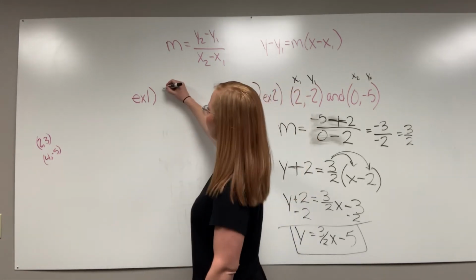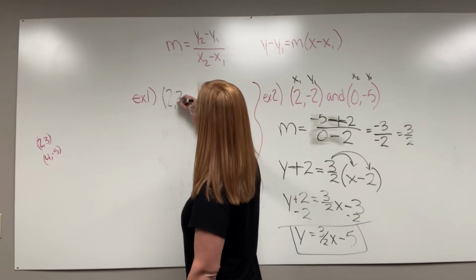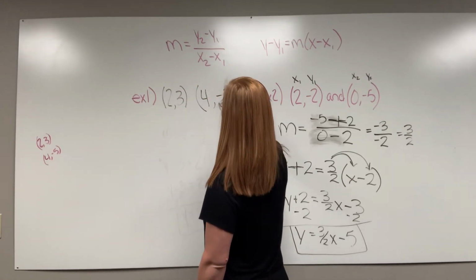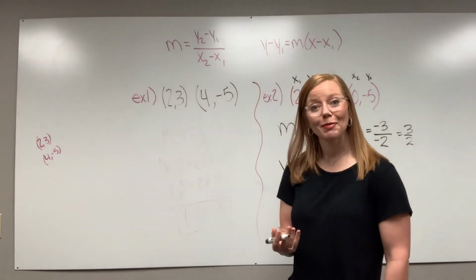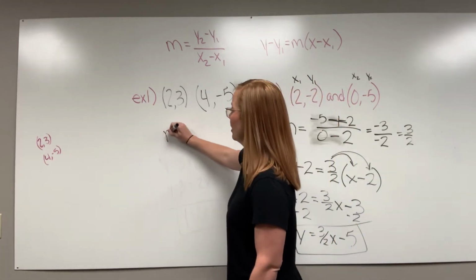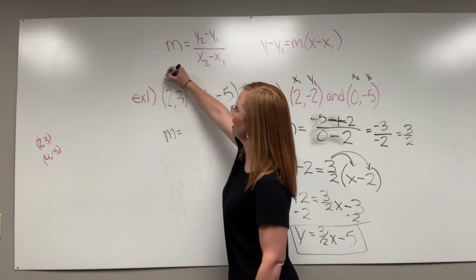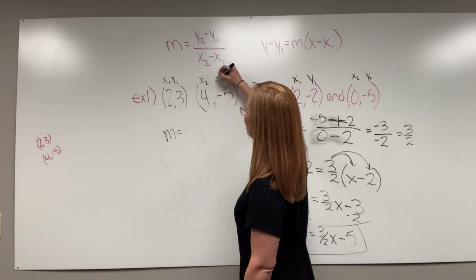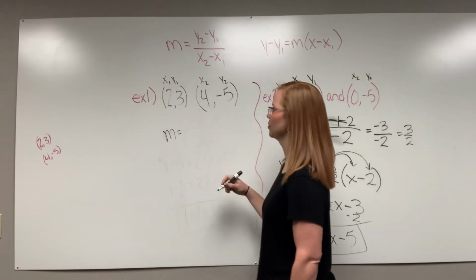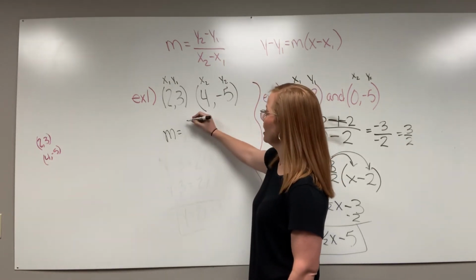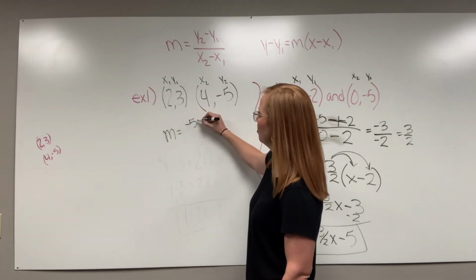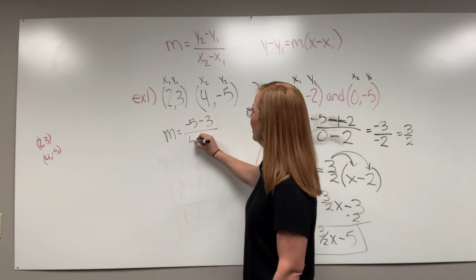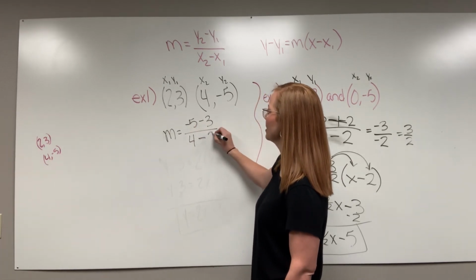All right, last example. We have 2, 3, and 4, negative 5. First step is going to be to find my slope. M equals, I need to label my points, x1, y1, x2, y2. So whenever I'm plugging in, I'm going to say y2 minus y1 over x2 minus x1.